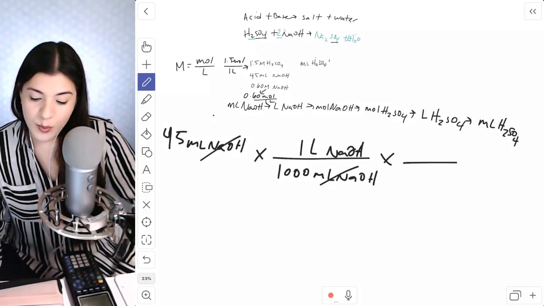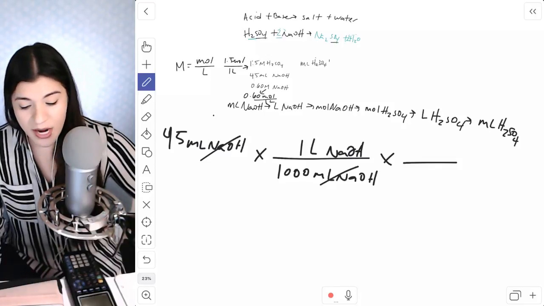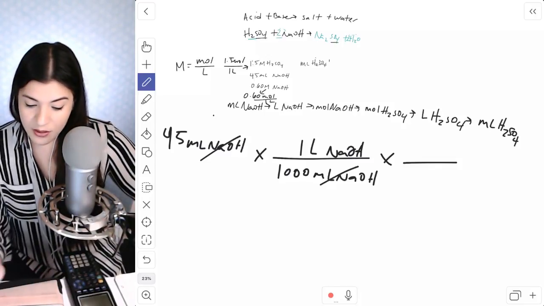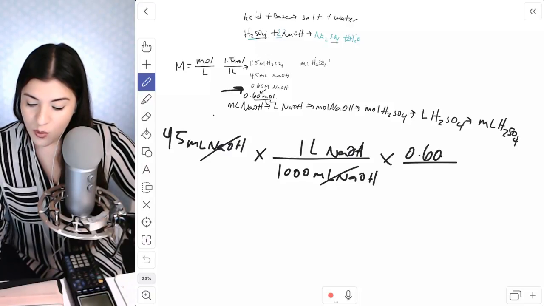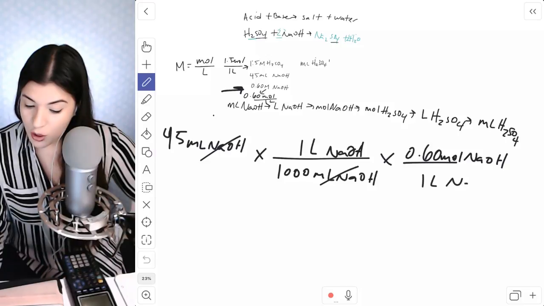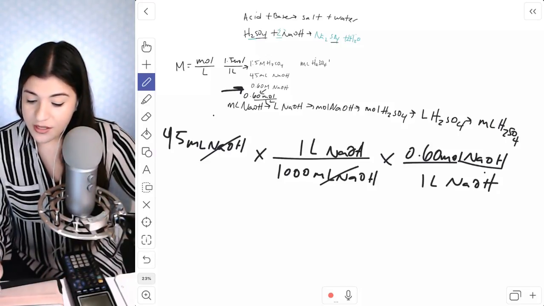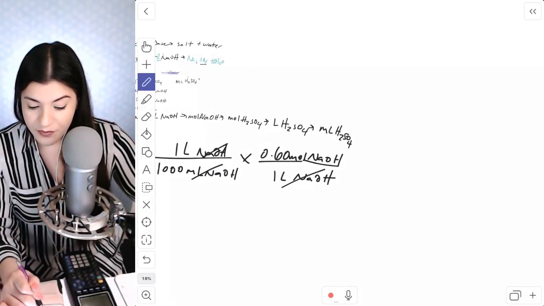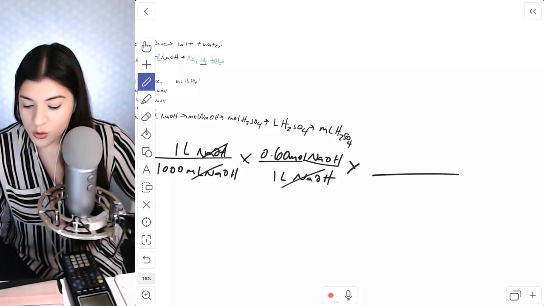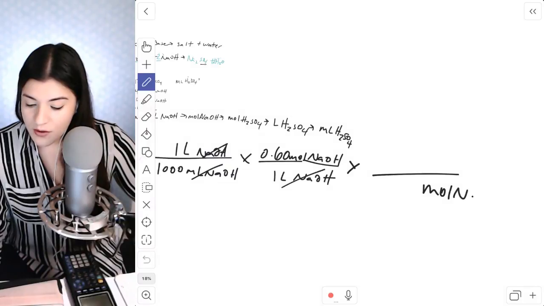Now I'm going to keep going and multiply by the molarity that was provided. So our molarity that was given was 0.60 moles of NaOH and 1 liter of NaOH on the bottom. So our liters and liters would cancel. We're now at moles of NaOH. And now I'm going to multiply by my mole to mole ratio. So moles of NaOH would be on the bottom.